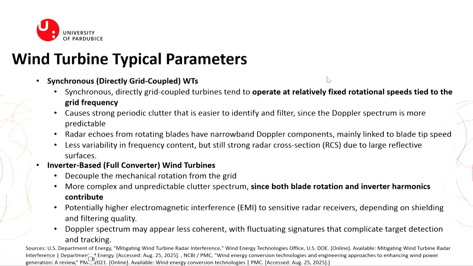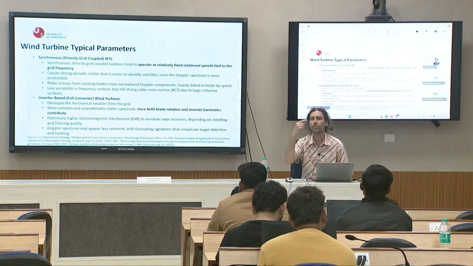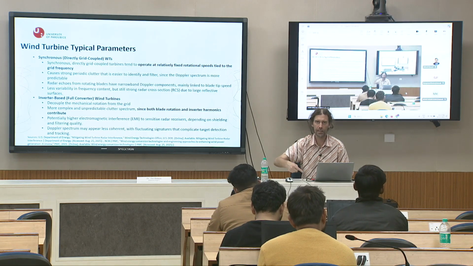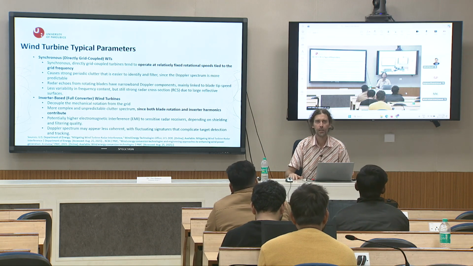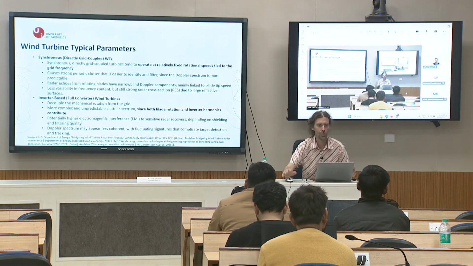So, how a wind turbine works. It could work synchronously, like directly grid coupled, or inverter based. If synchronous, it means that they operate at a relatively fixed rotational speed tied to the grid frequency. So it will be constant. If something is constant, it is easier to mitigate. Why? Because the properties will still be similar, because it is constant.